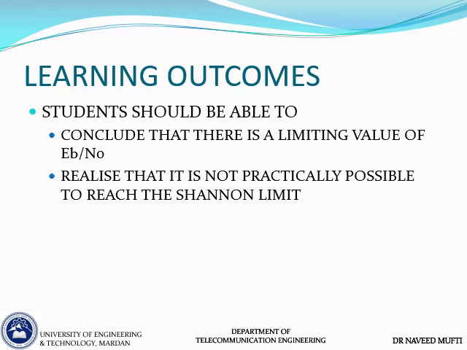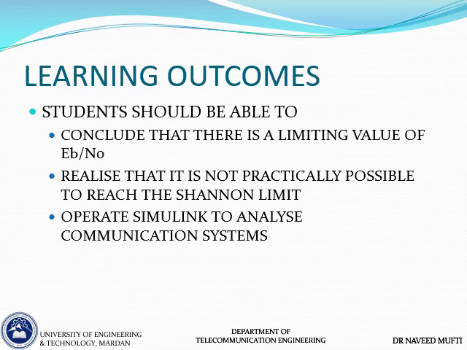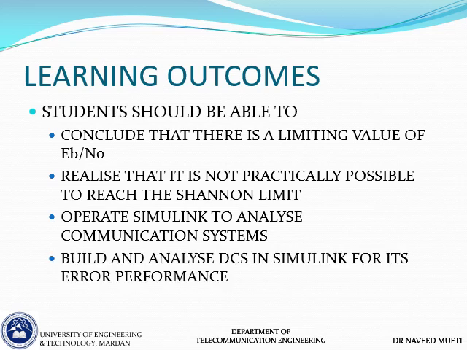Students should be able to realize that it is not practically possible to reach the Shannon limit, which we will derive. The student should be able to operate Simulink to analyze communication systems. And finally, students should be able to build and analyze digital communication systems in Simulink for its error performance. So these are the learning outcomes for this week.